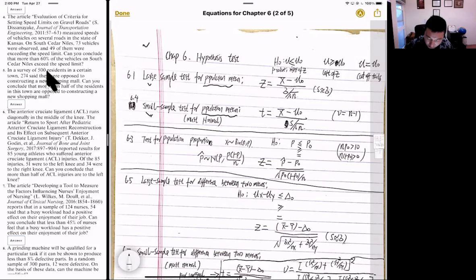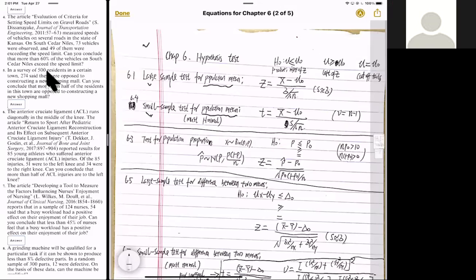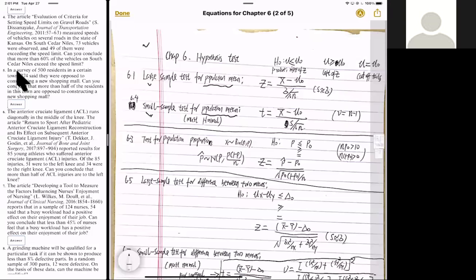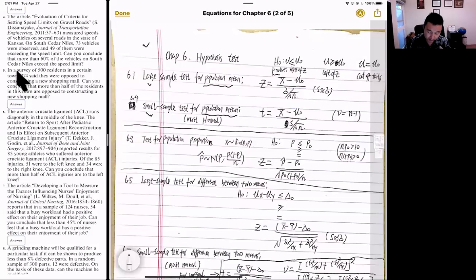It also shows the value we need to calculate, either the z value if the sample is large, or the t value if the sample size is small, and how the p-value can be found, depending on how h0 is set up or h1 is set up.